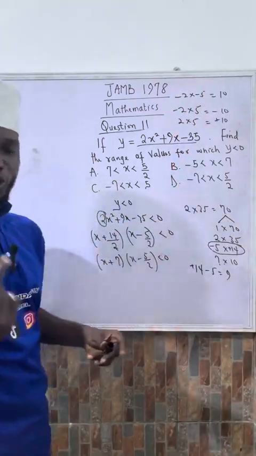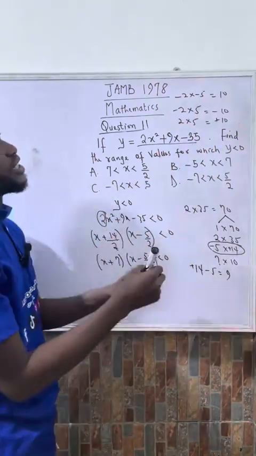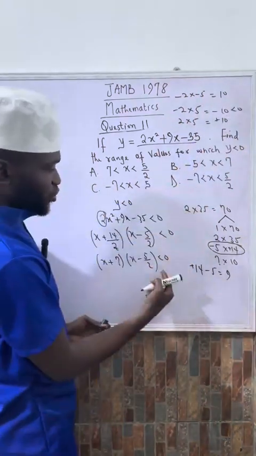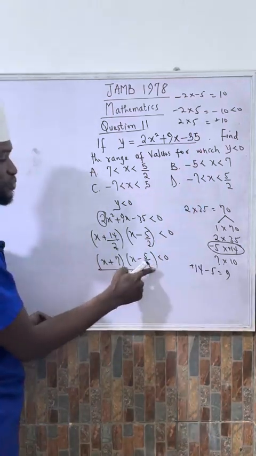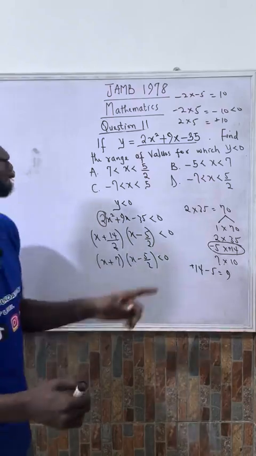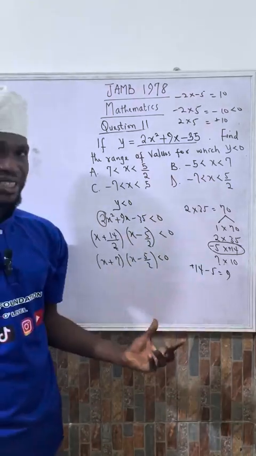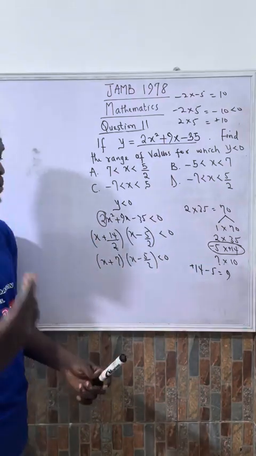But we want one of them to be negative and the other positive, because negative 10 is less than 0. So this product gives us something less than 0.